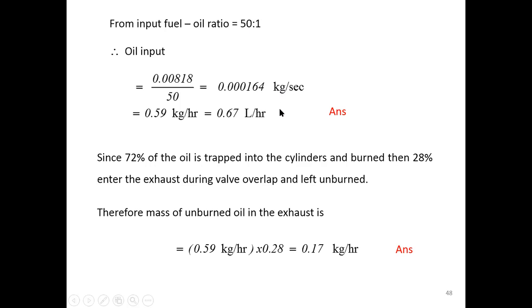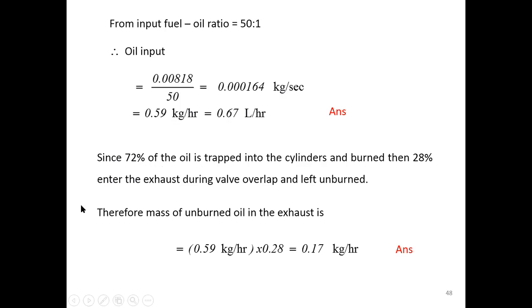So it is equivalent to 0.95 kilogram per hour, or 0.67 liter per hour. So this is the first answer. For the second answer, since 72% of the oil is trapped in the cylinder and burned, right?